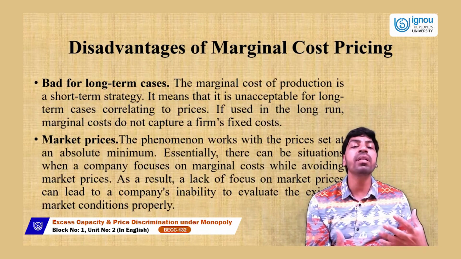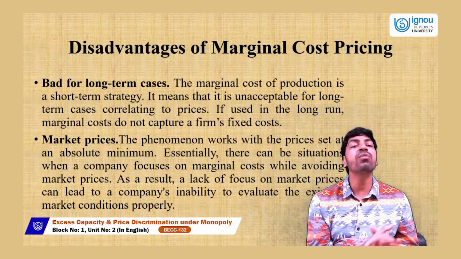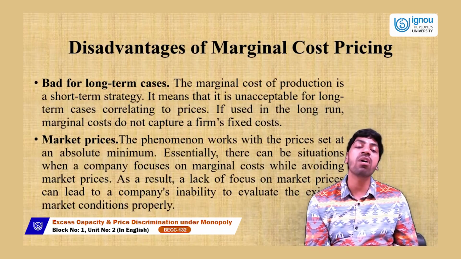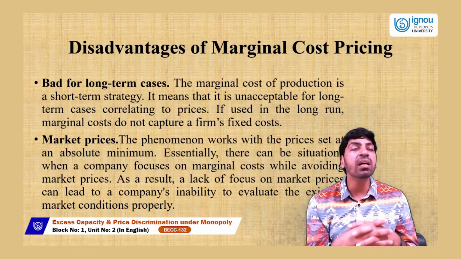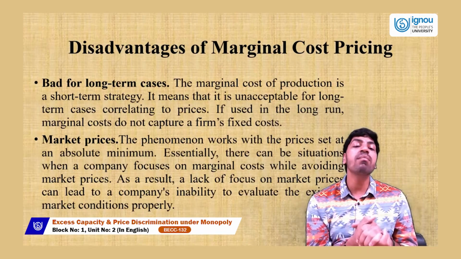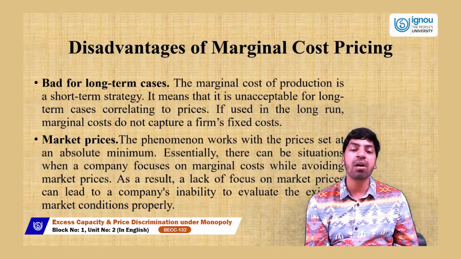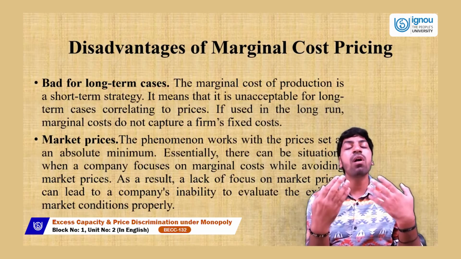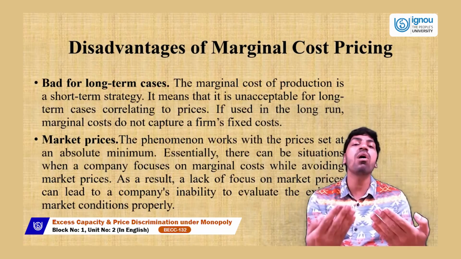This phenomenon always works at an absolute minimum cost, that is, it refers to the variable cost of production. But there are various situations where the market avoids the market prices and mainly focuses on the marginal cost. Under marginal cost pricing, the firms will look up the market price, and accordingly the marginal cost will be set.